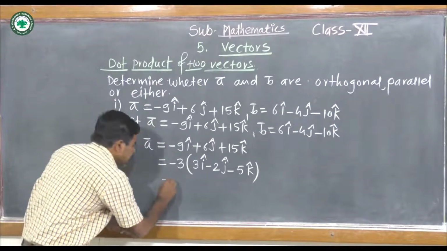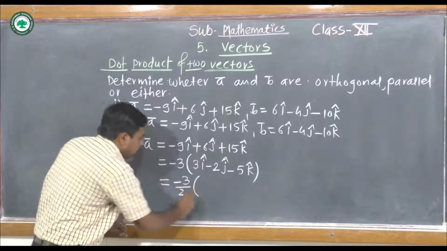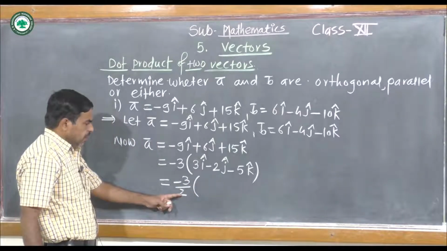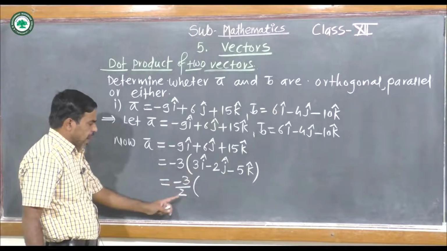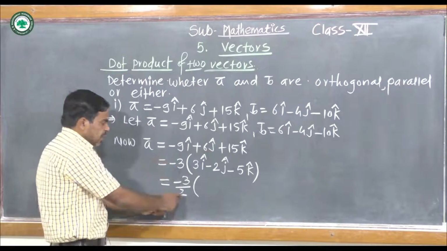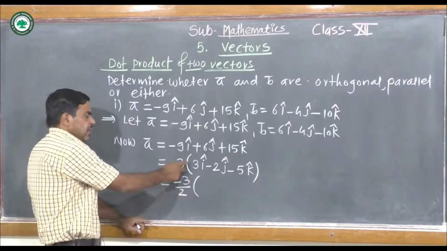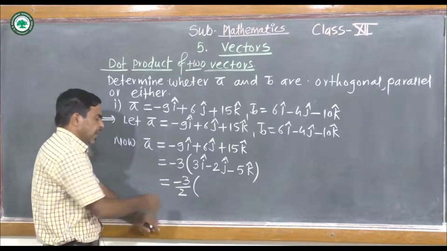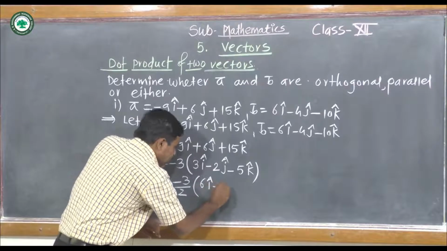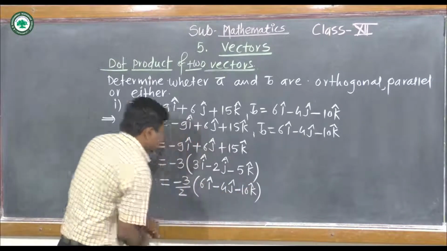Or again it is equal to minus 3 by 2 into, here we multiply and divide the expression by 2, so we get minus 3 by 2 into 6 I cap minus 4 J cap minus 10 K cap.